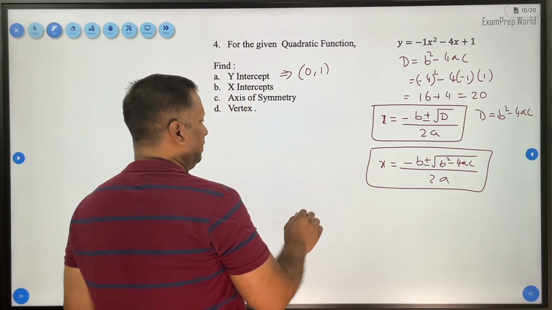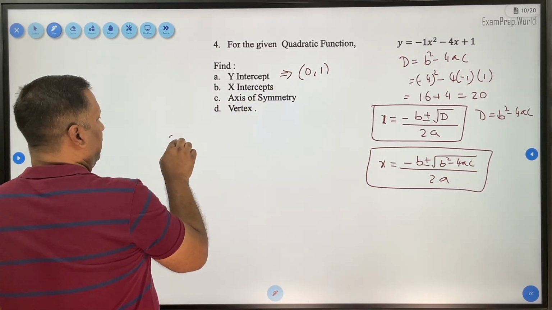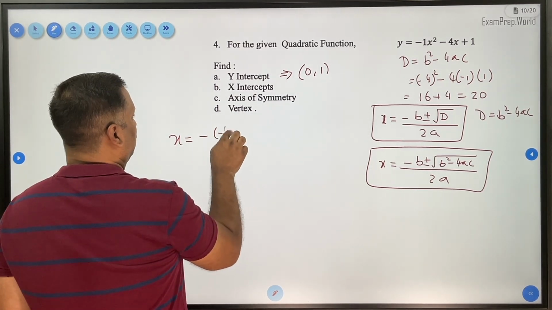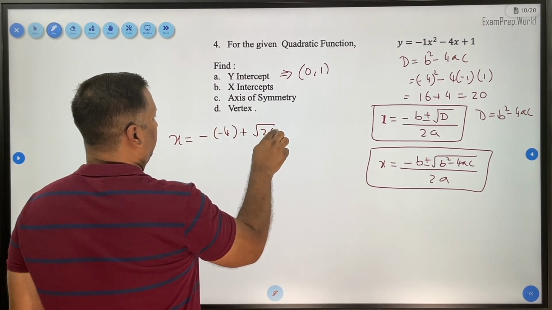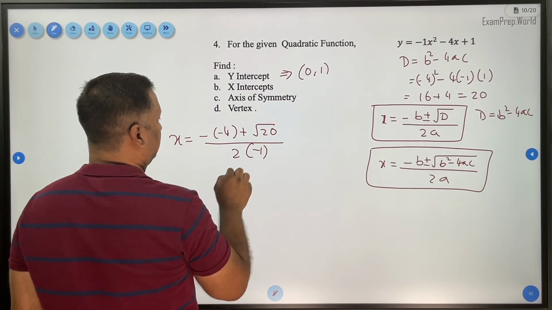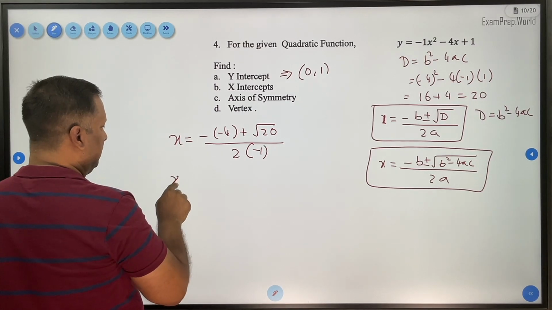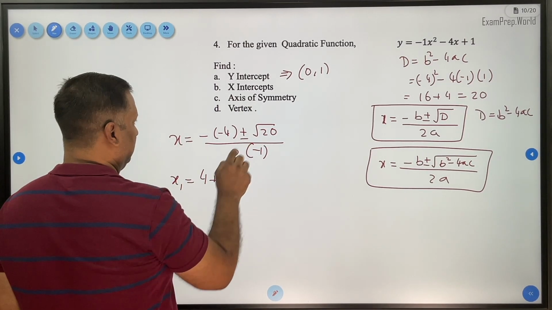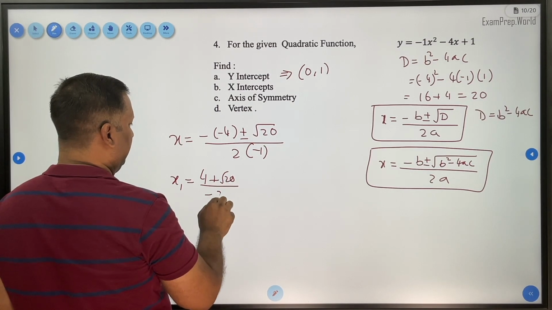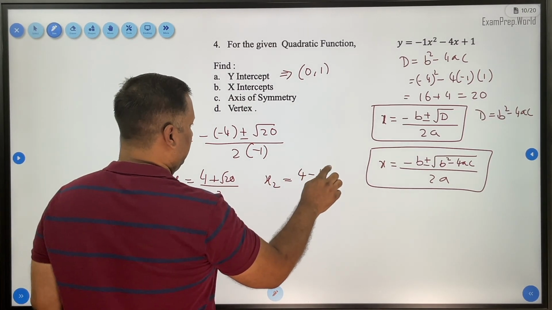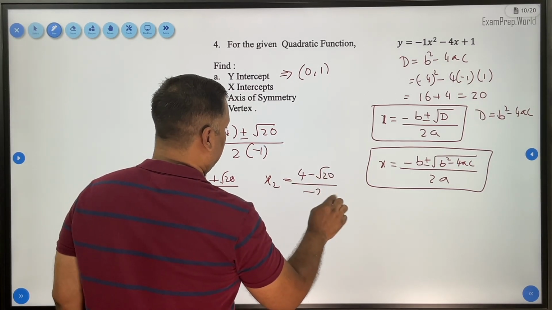So, let us find the x-intercepts. X will be equal to minus b, minus of minus 4 plus minus root 20 over 2 times negative 1. So, I have two x-intercepts, x1 is 4 plus root 20 by negative 2 and second intercept is 4 minus root 20 by negative 2.